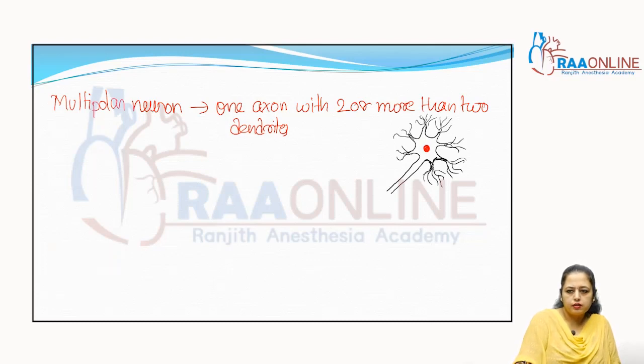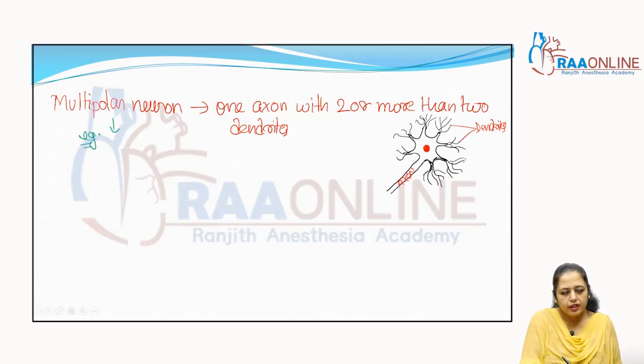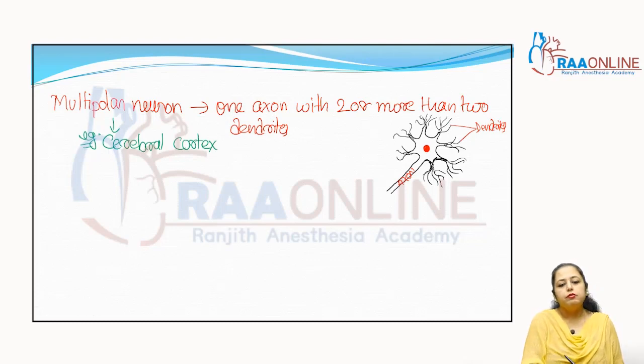This is the nucleus in the cyton, so multiple dendrites with one axon. That is the axon, and these are the dendrites. These are present in the brain and spinal cord, and more precisely, in NCERT it is given as the cerebral cortex. It is present in the brain, and we can say the cerebral cortex.